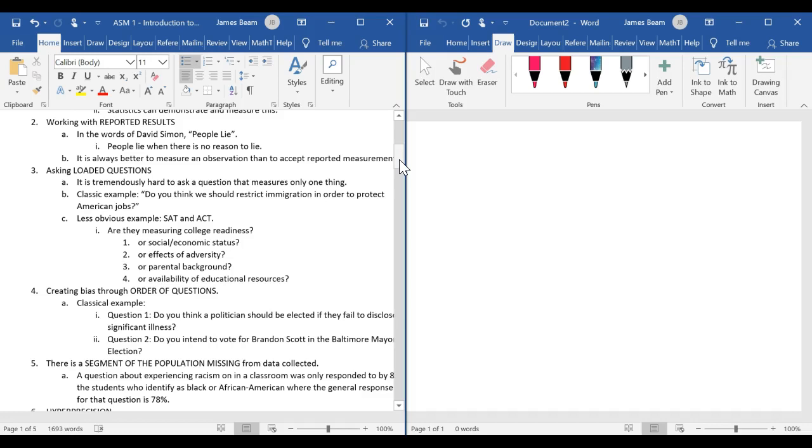things, because the test itself is loaded, because people who have a higher socioeconomic status or educated parents or more educational resources available to them may score higher even though they may be less functionally ready to do collegiate coursework.